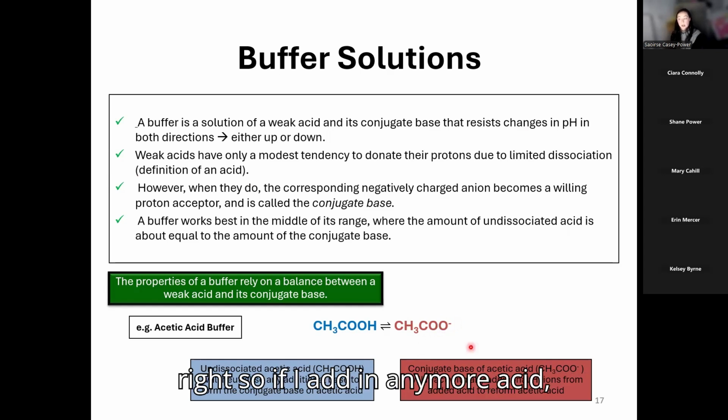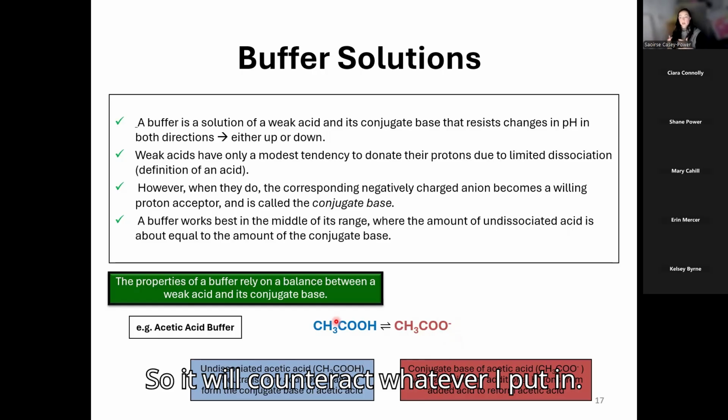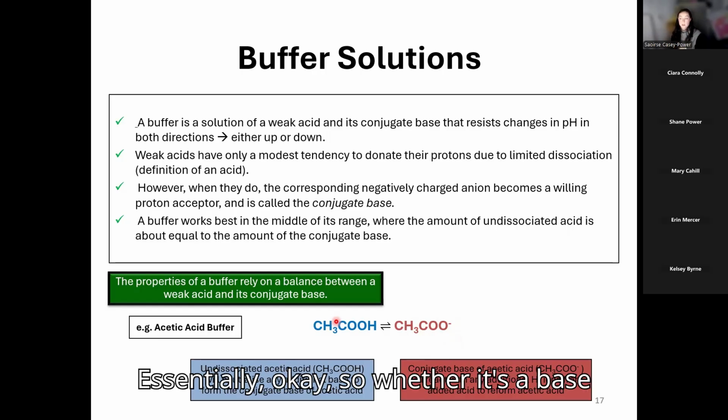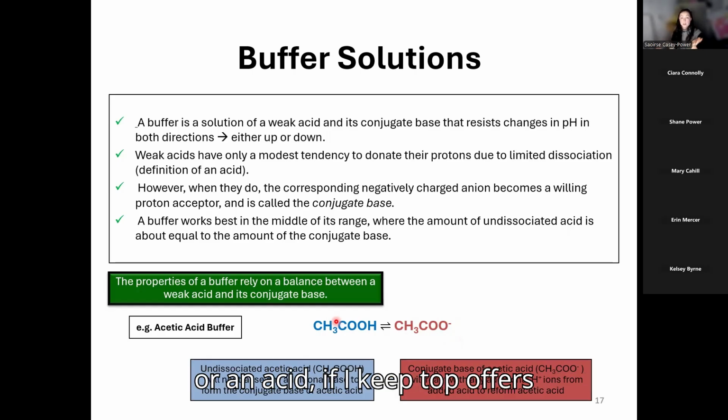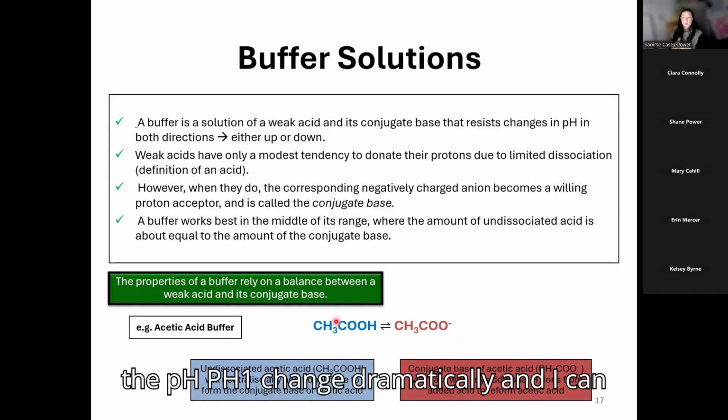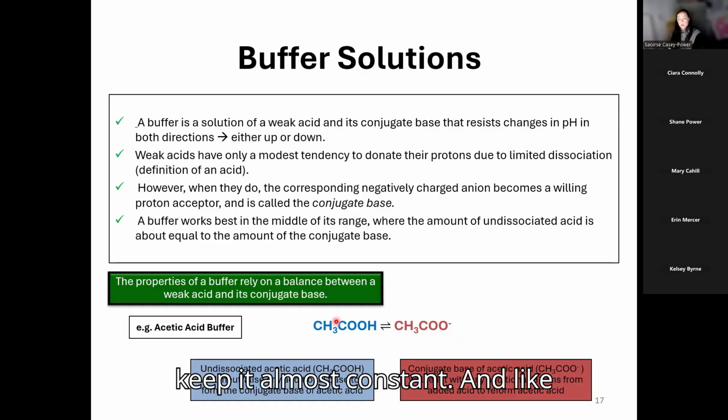So if I add in any more acid, the acid is just going to react with my ion here and reform acetic acid. It will counteract whatever I put in, essentially. So whether it's a base or an acid, if I keep that buffer solution in a certain balance, I know the pH won't change dramatically, and I can keep it almost constant.